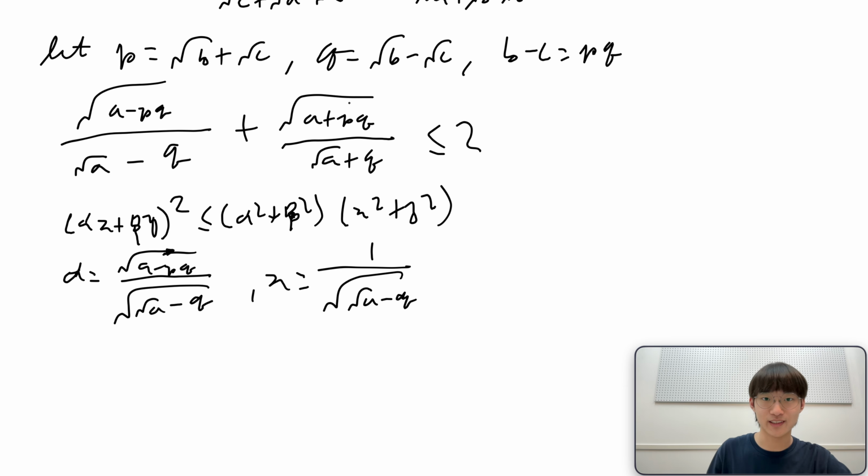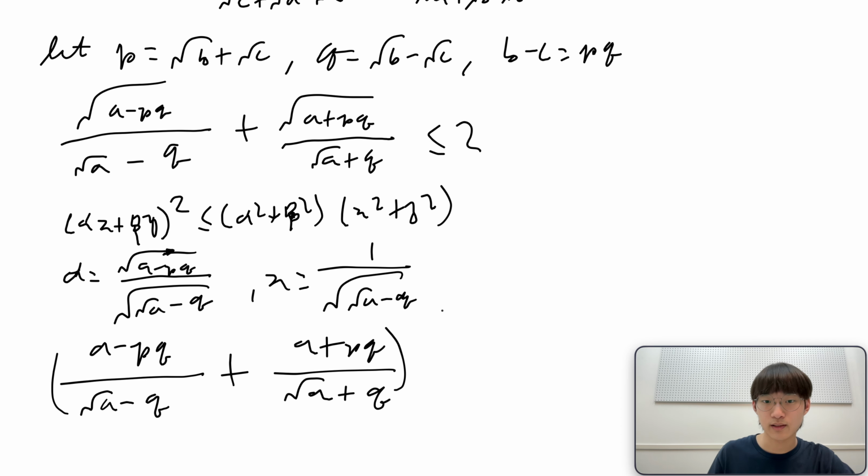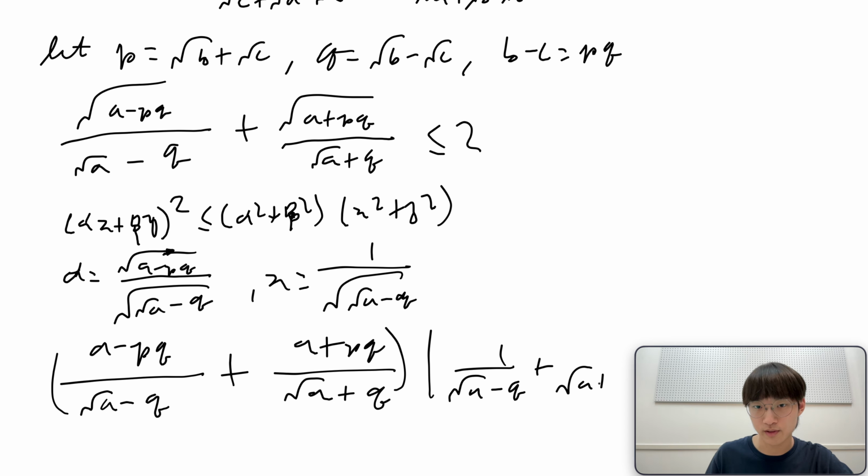Squaring them, we can say this whole thing squared is less than or equal to 4. Or what we can do is alpha squared, which is a minus pq over root a minus q, plus beta, which follows the same pattern, q over a plus pq, times x and y, x squared and y squared, minus q over 1 plus root a plus q over 1, oops.